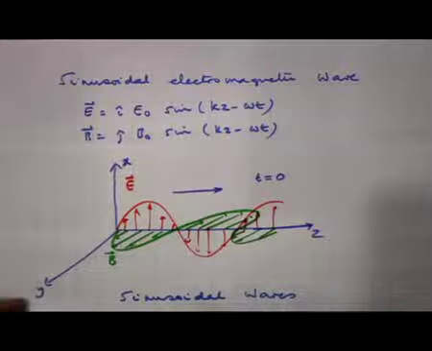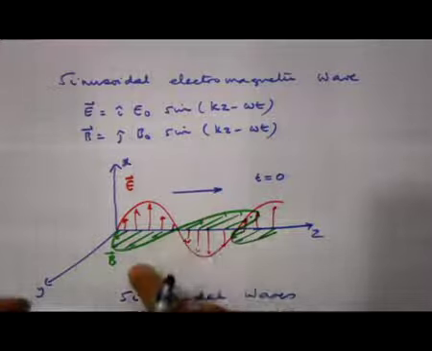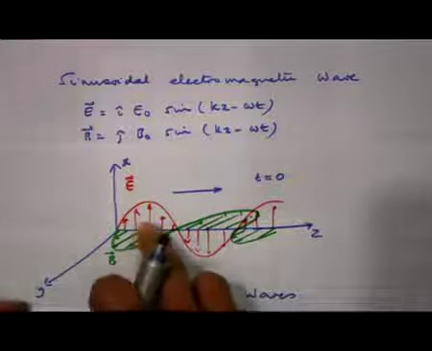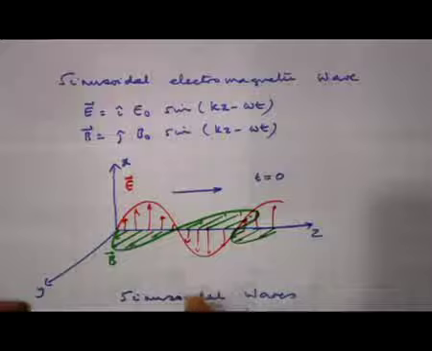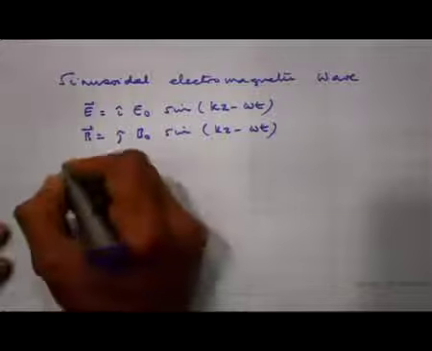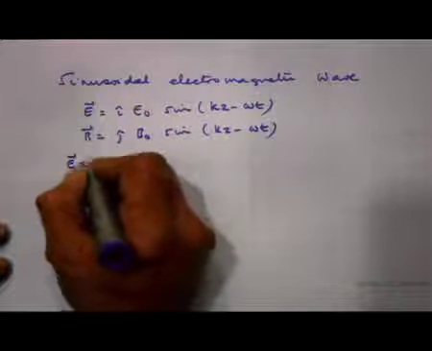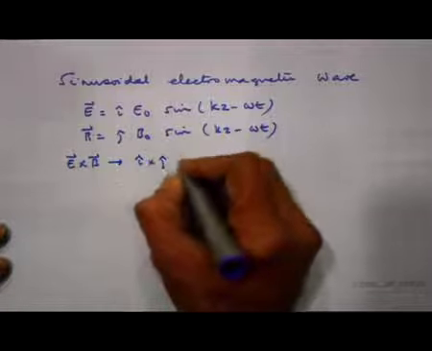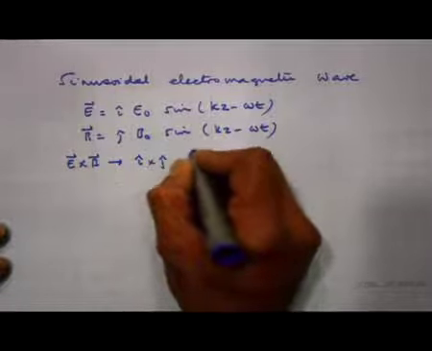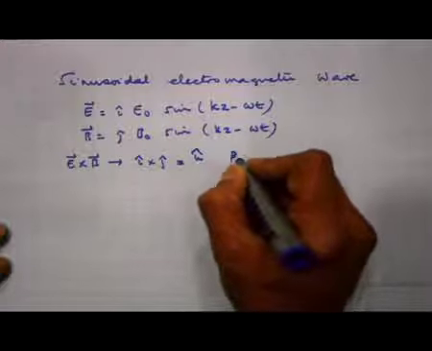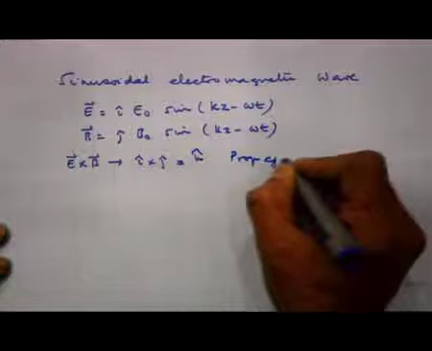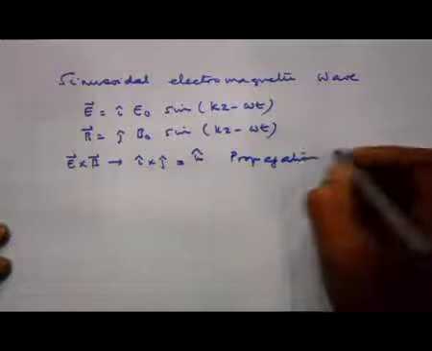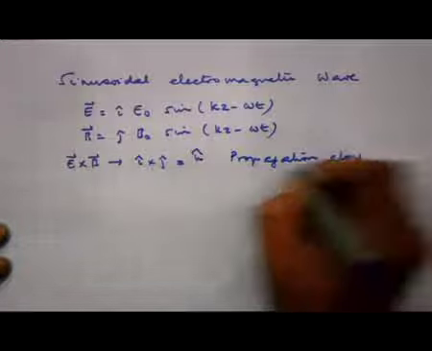I also mentioned last time that vector E cross vector B will be along the propagation direction. So, if you look at E cross B, it is i cap cross j cap is equal to k cap, which means propagation along z direction.